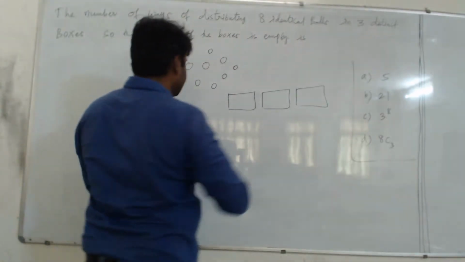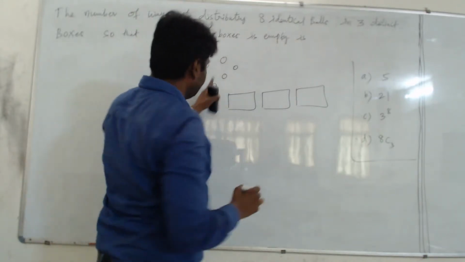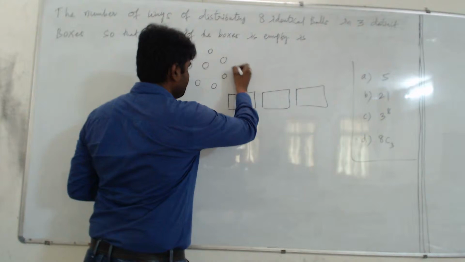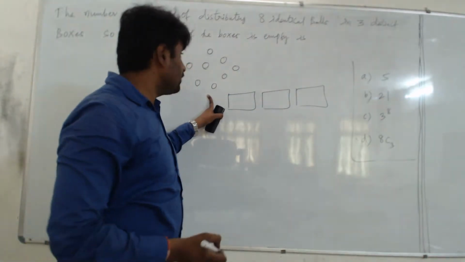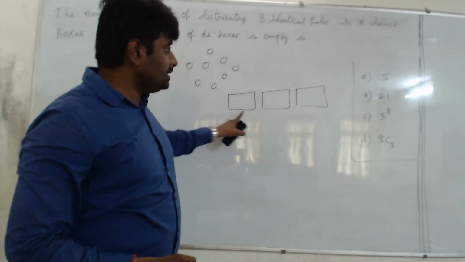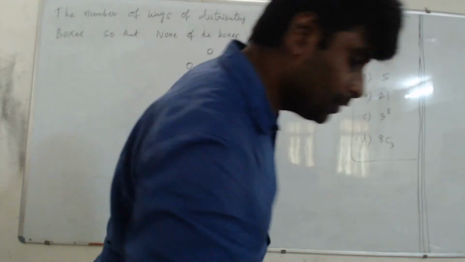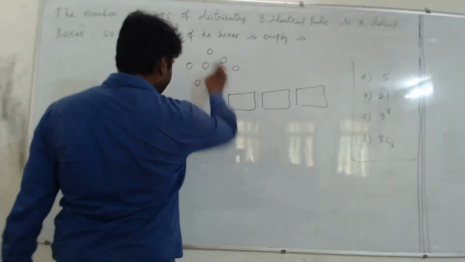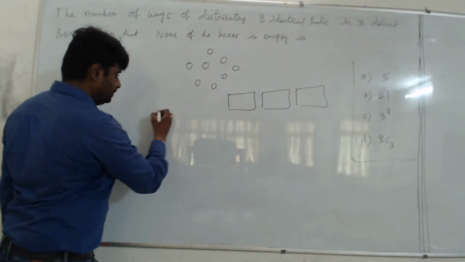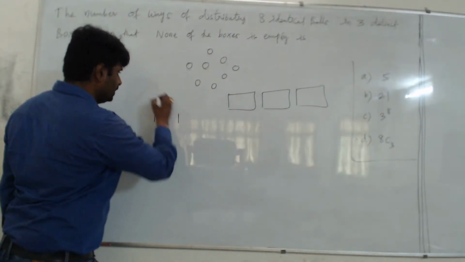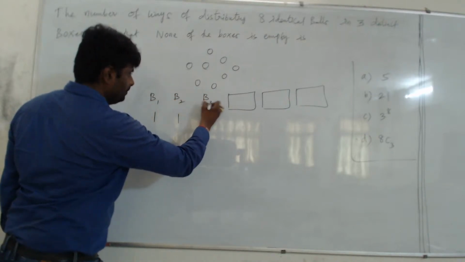Here 8 identical balls are given. So these balls are the same. Now we are going to distribute these in these 3 boxes. In how many ways can we place them, we'll see. Out of 8, I may put one ball here, one ball here, box 1, box 2 and box 3.